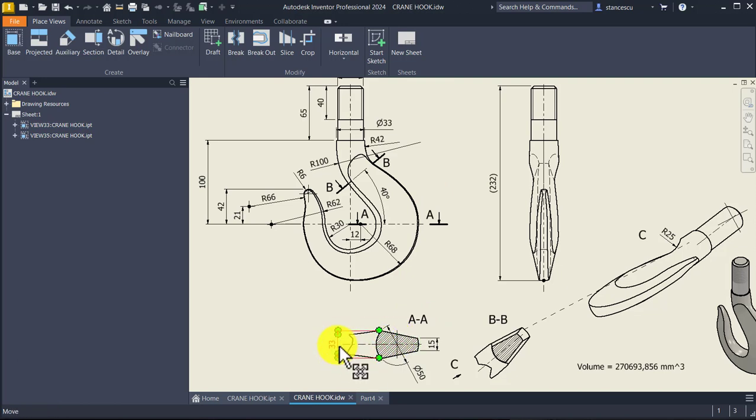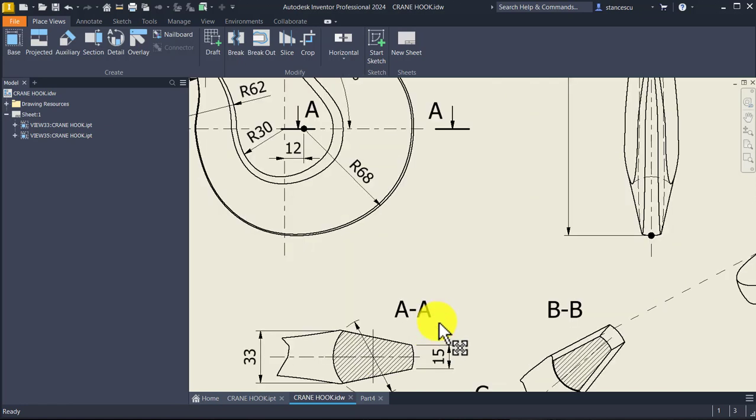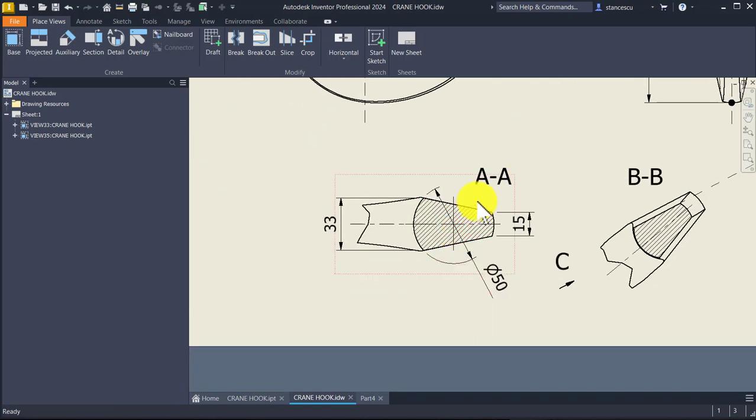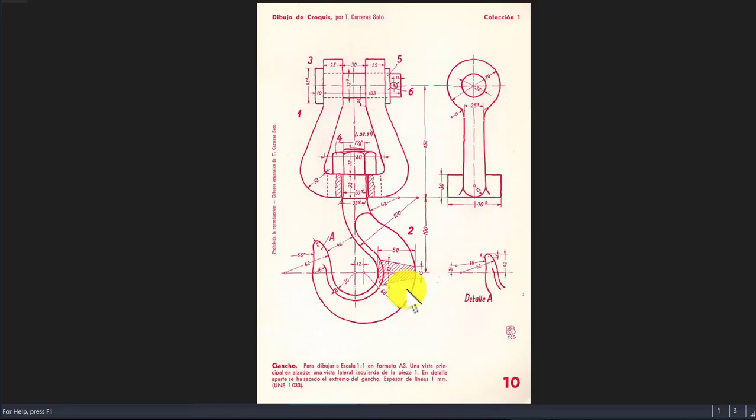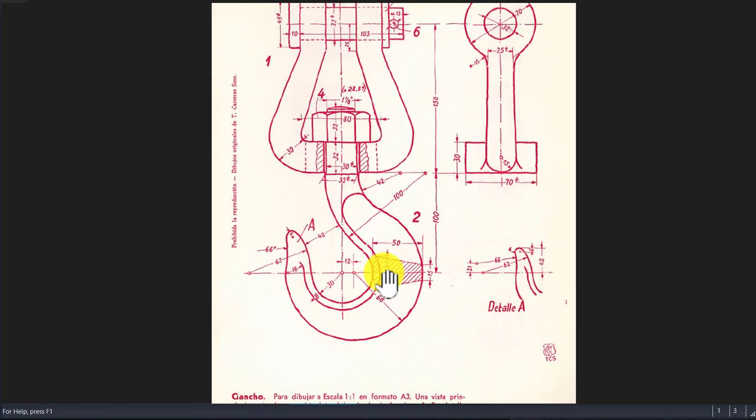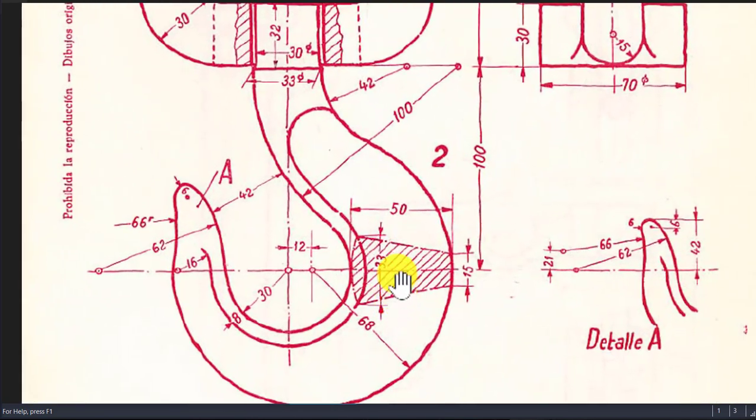And 33 and 15 at the two ends. I prefer the angle here, but the original drawing doesn't have any angle here. It has 15, 33 and dimensional 50. Yes?